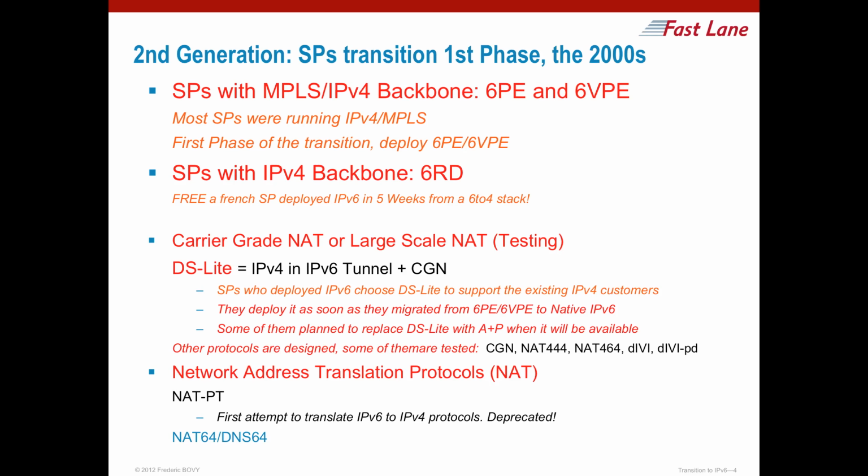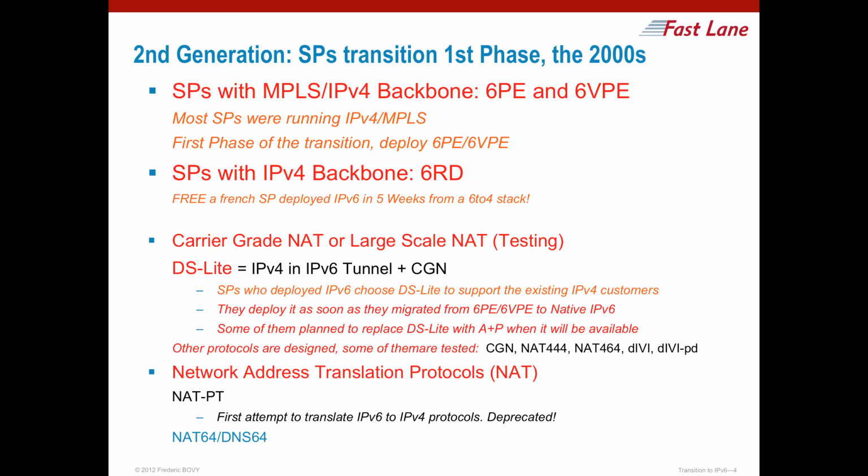So Cisco started to develop 6PE to permit an immediate deployment of IPv6 over an MPLS IPv4 backbone. Later came 6RD, which permitted to develop an IPv6 service over an IPv4 backbone.